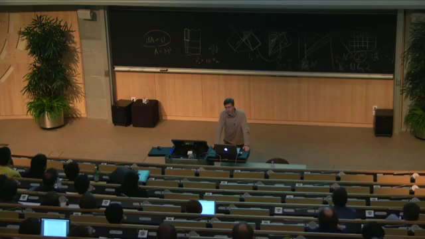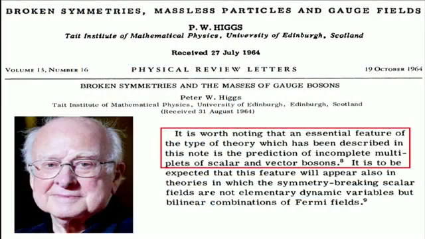Now, in my view, and this is my interpretation, Peter Higgs was not so much concerned about a realistic theory, say, of strong interaction, but mostly he wanted to show that there is a loophole in the Goldstone theorem. So contrary to Brout and Englert, that is the key of what I think Higgs is thinking.